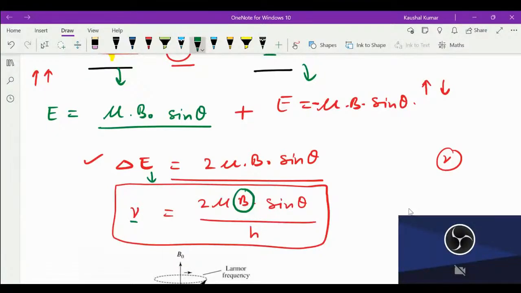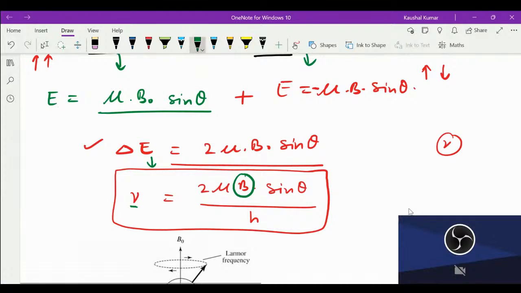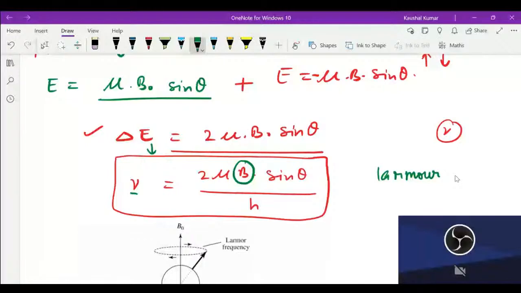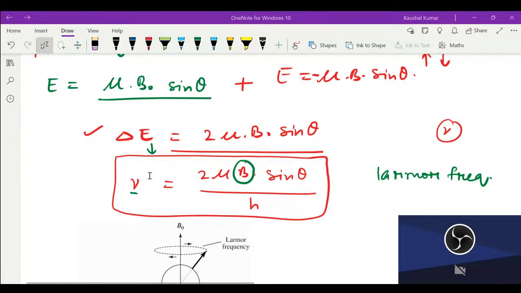Now there is an important term which is called the Larmor frequency. This Larmor frequency is very important. So what does it mean?